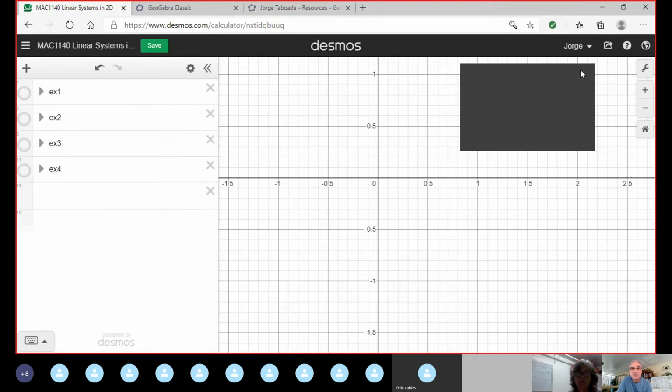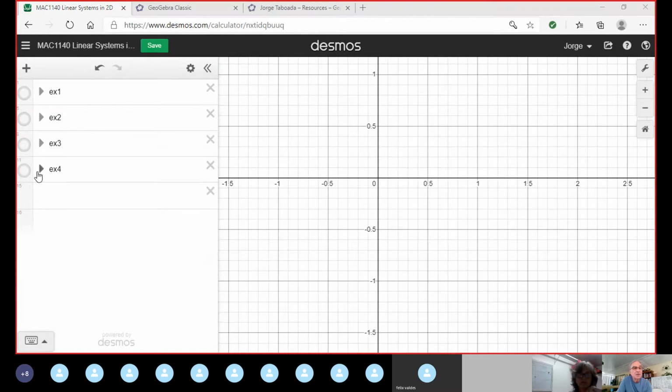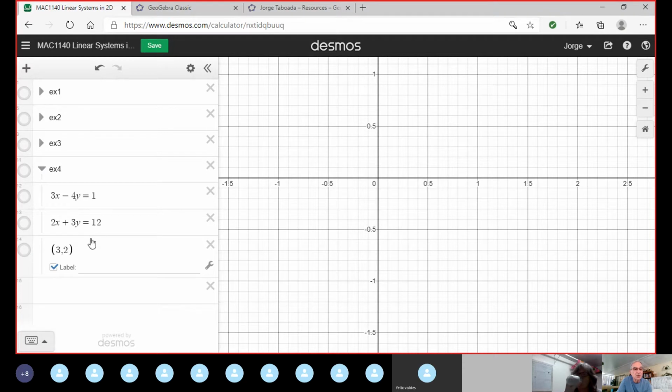Okay, it's example 4. Do you see this one now? Example 4, look at that. We have 3x minus 4y equals 1, 2x plus 3y equals 12, and the solution that we got on the paper was (3, 2). Boom. Let me see what's going on.